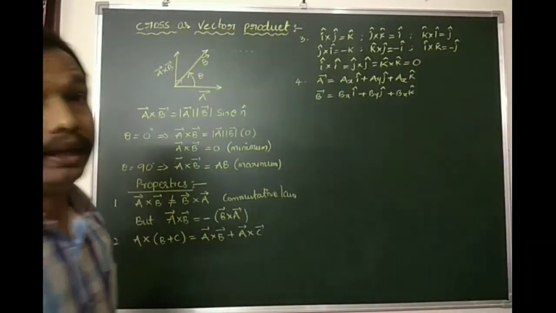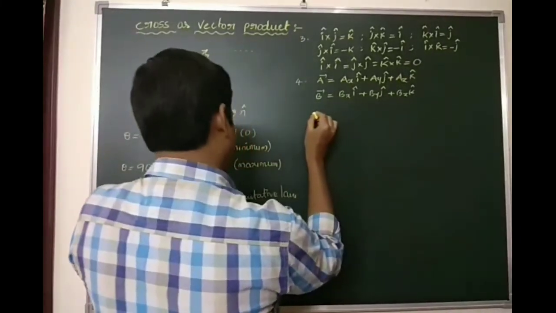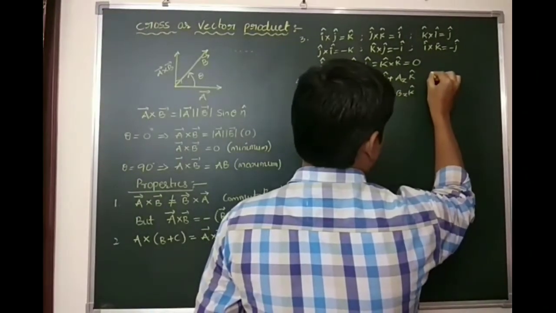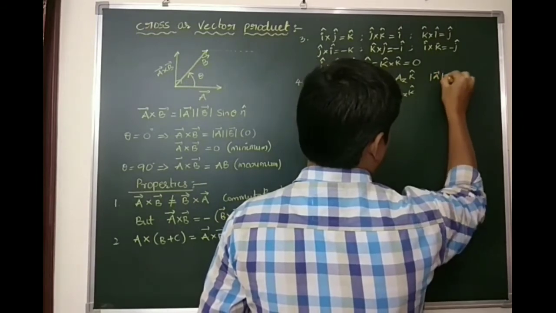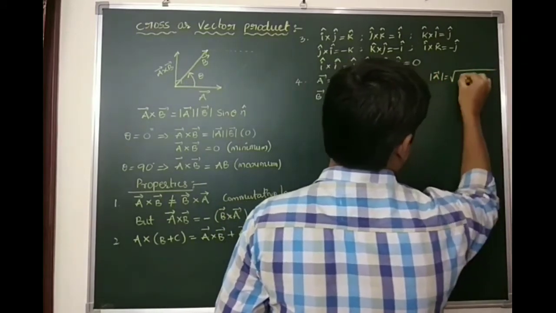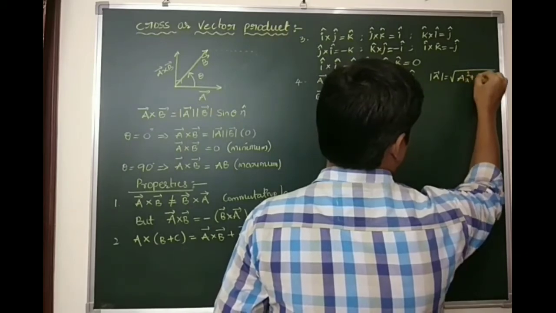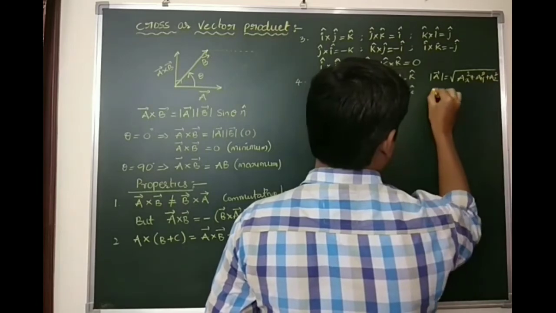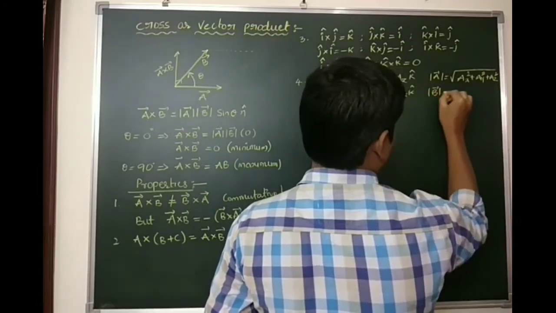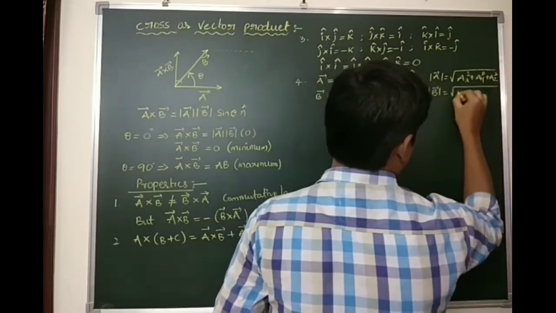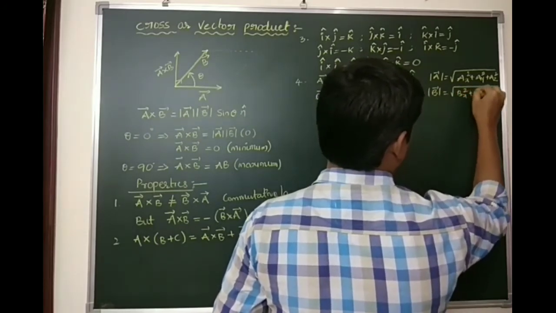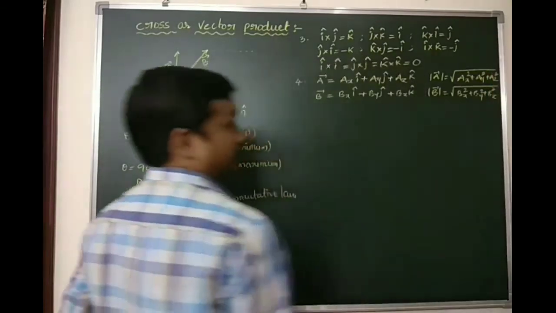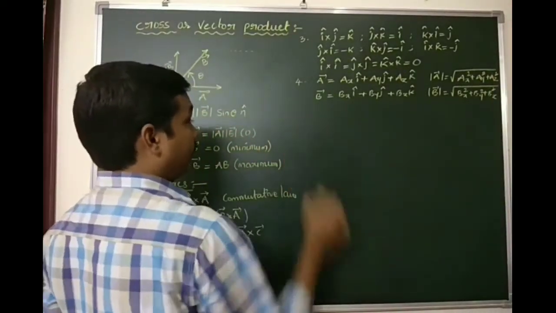Right now we are going to do A cross B. The magnitude of A we can write as root over Ax square plus Ay square plus Az square. Similarly, the magnitude of B is root over Bx square plus By square plus Bz square. Magnitude of A, magnitude of B, A cross B.